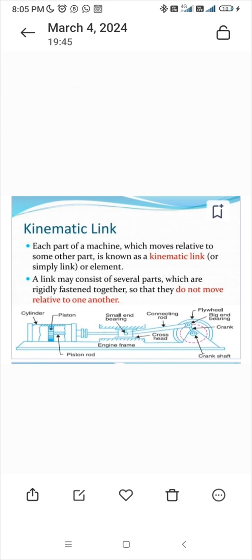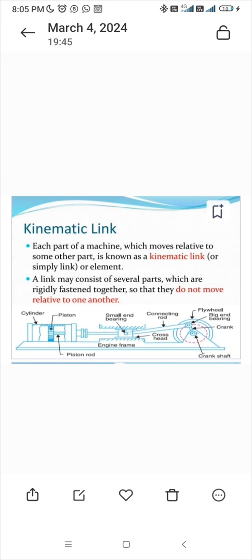The second link will be the connecting rod with big end and small end bearing, because the connecting rod is moving in an oscillating direction. Whereas the piston rod and the crosshead are moving with to and fro motion, the connecting rod is moving with oscillating motion. So it is a different kind of motion, and we can say it is link 2.